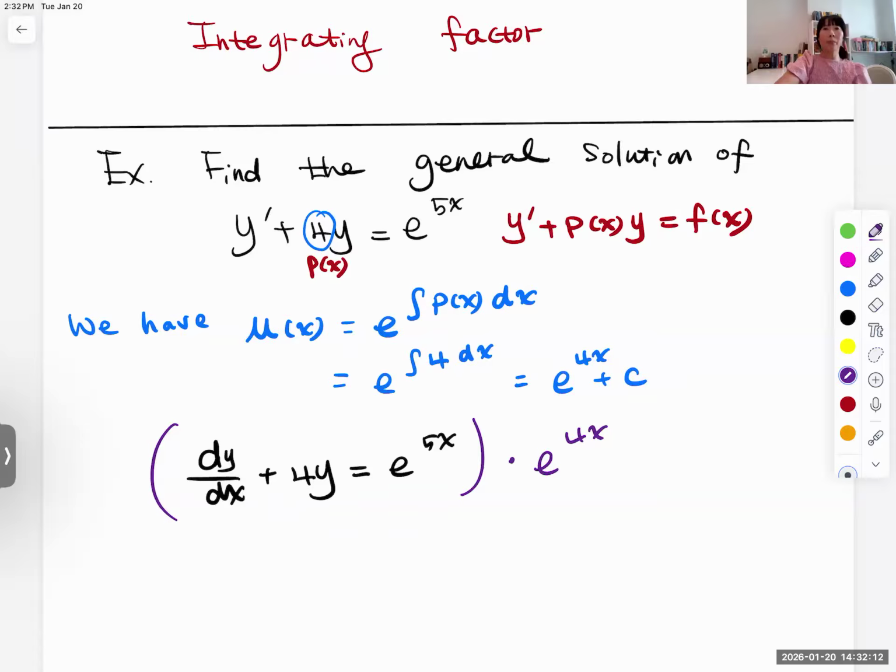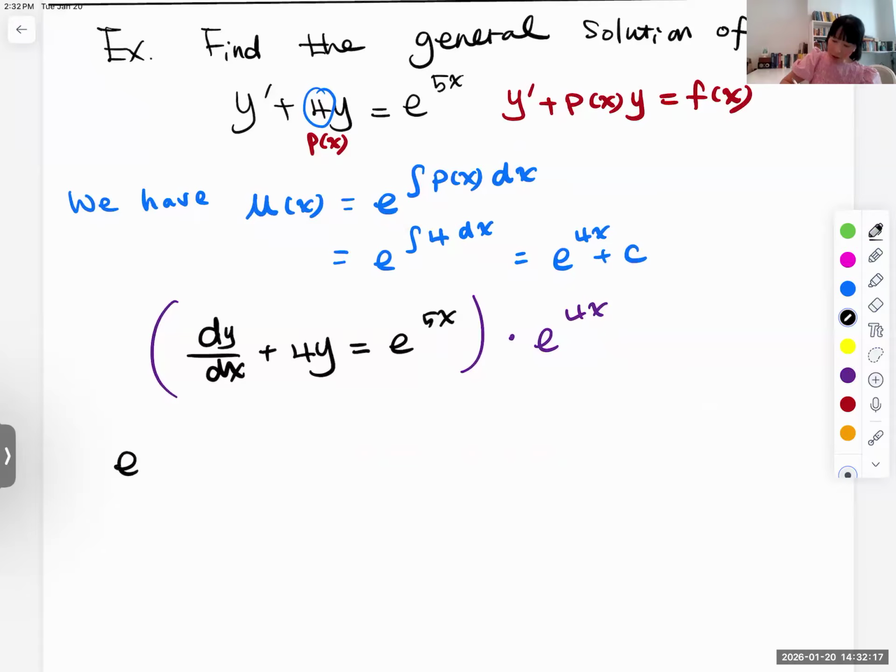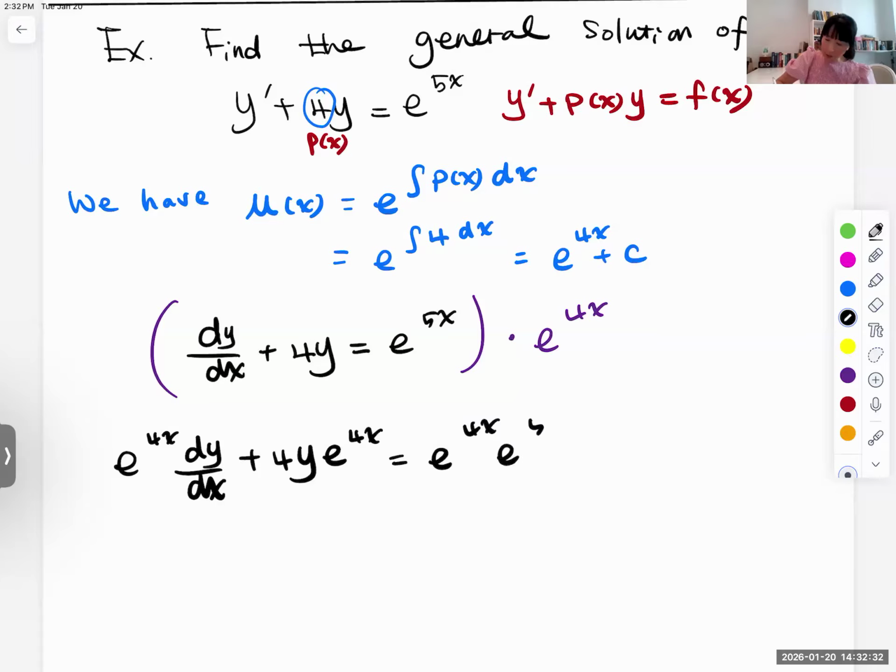Now we have e to the 4x dy over dx plus 4y e to the 4x equal to e to the 4x times e to the 5x, which is e to the 9x.